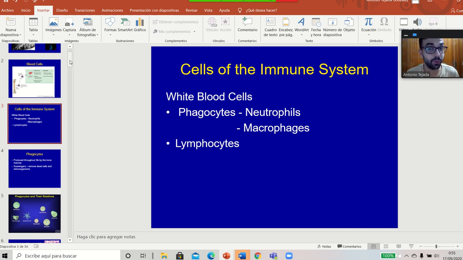We'll start with the white blood cells that are divided into phagocytes and lymphocytes. Phagocytes can be neutrophils or macrophages.